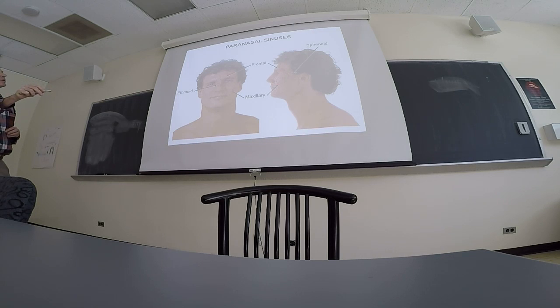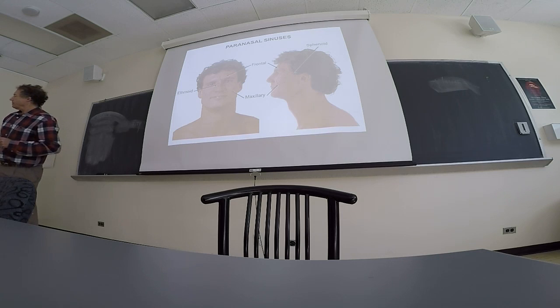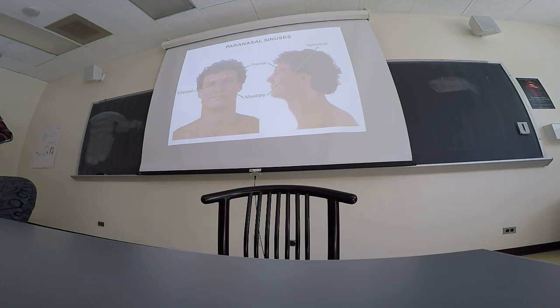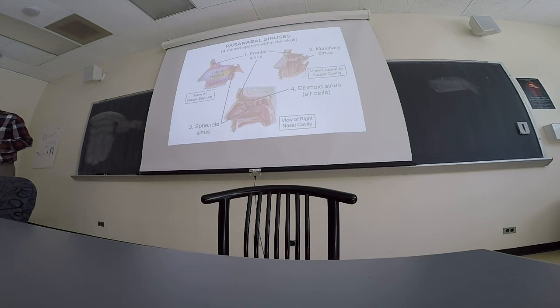And just to show you again where the maxillary sinuses are. Okay, and here they are in their location within the face and the skull. There's your sphenoid sinus just below the sella turcica. There's the frontal sinus, these empty spaces in the frontal bone just above the brow ridges.